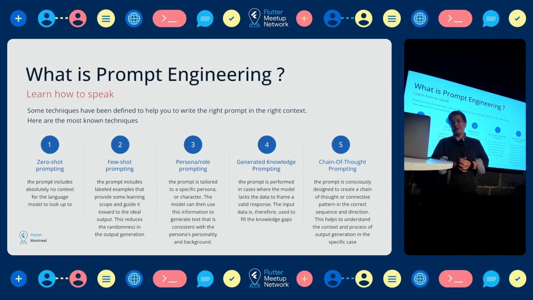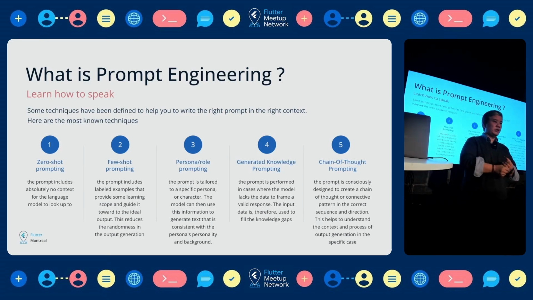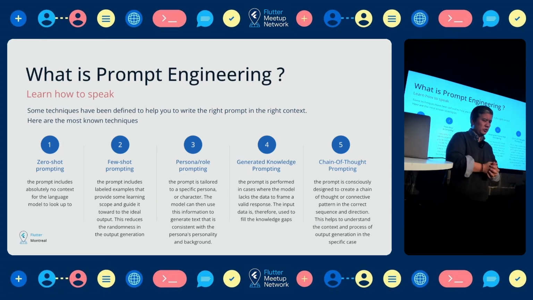The next one is generated knowledge prompting. For example, you want your LLM to be specialized in some kind of style, and you can give it some inputs to have more data on a specific situation.